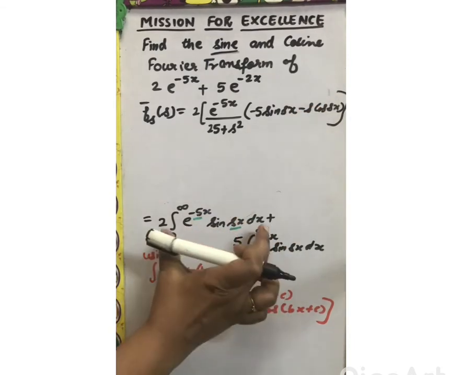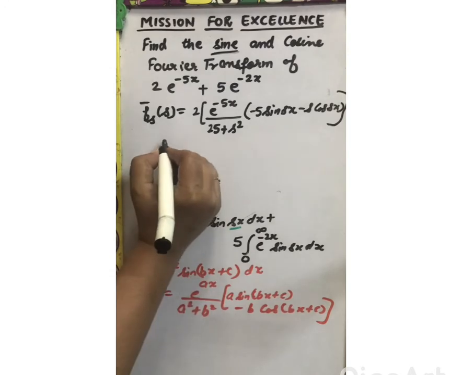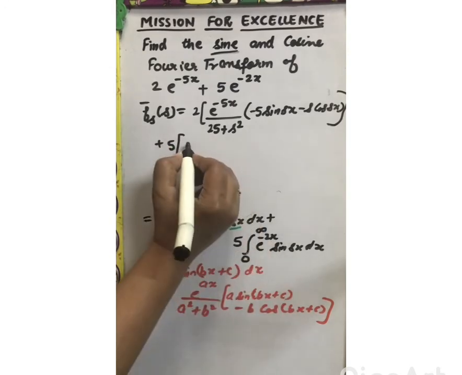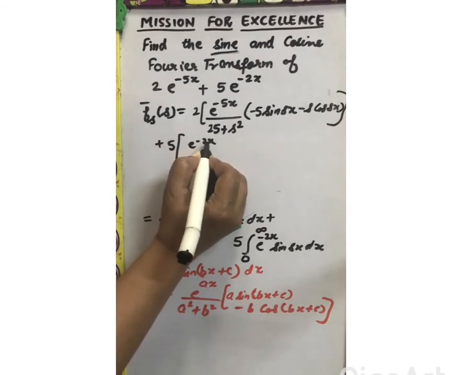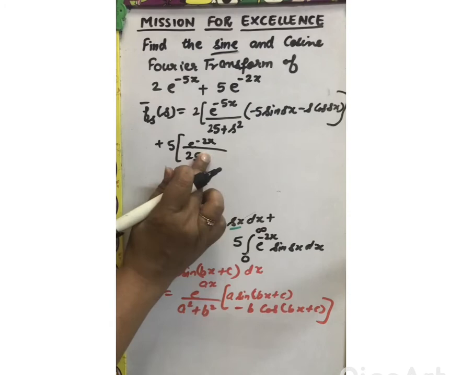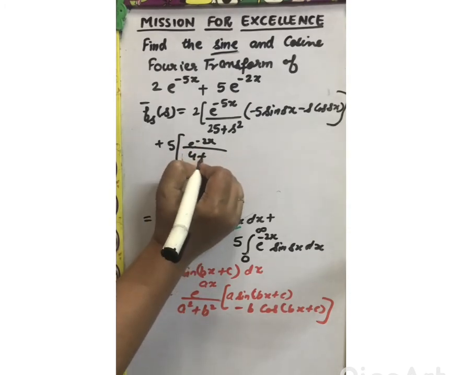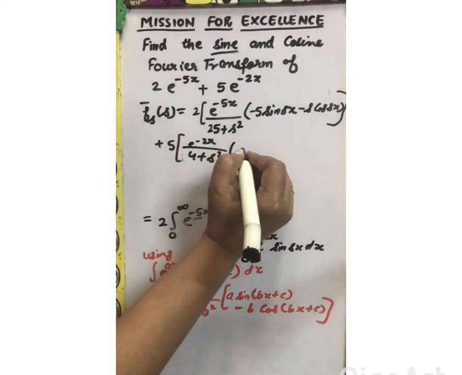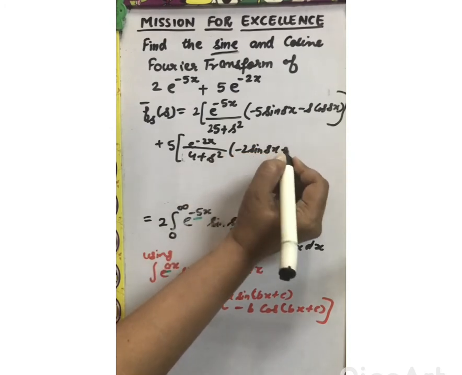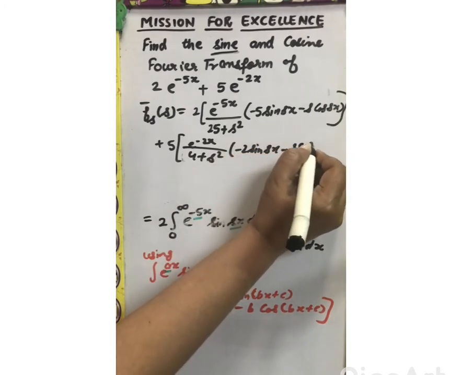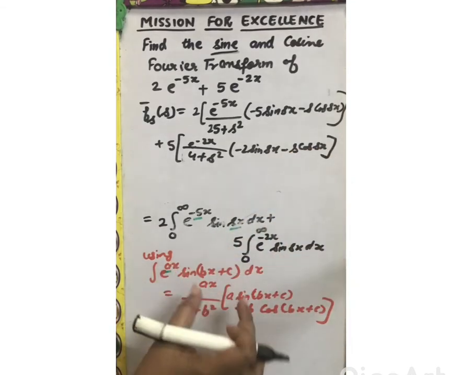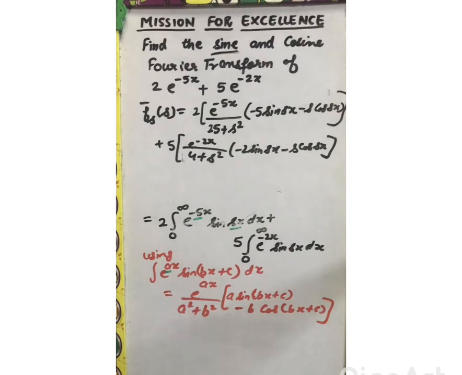This is the first part. And for the second part, we take 5 e^(-2x) by 4 plus s square into minus 2 sin(sx) minus s cos(sx). So comparing with this, we get this result.